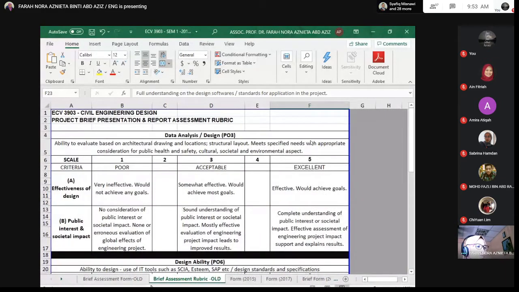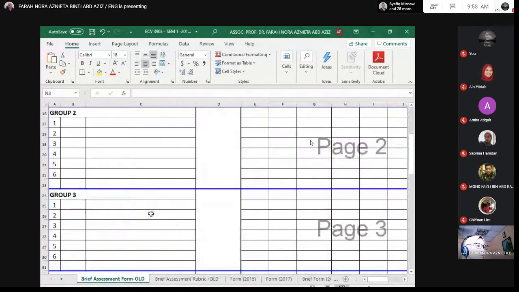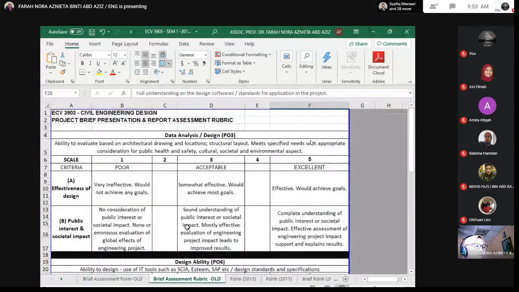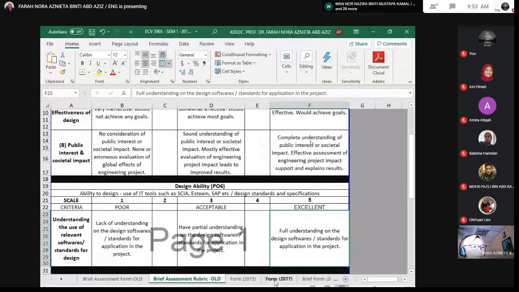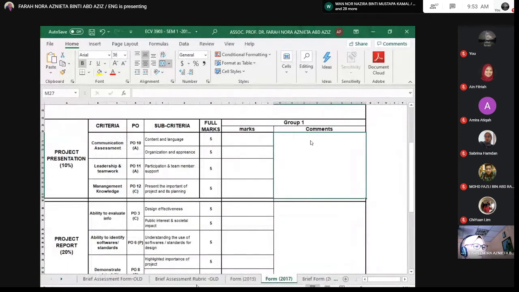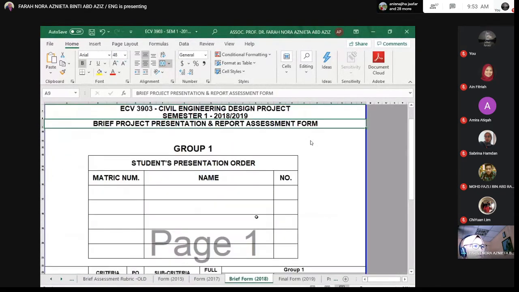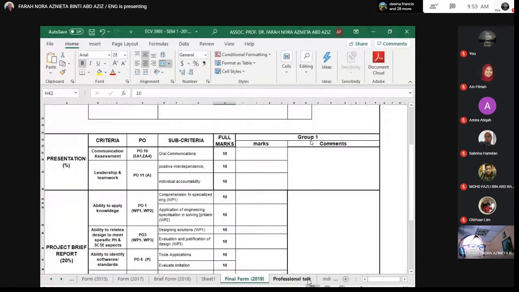PO3. Where is my PO10? Let me see. PO11 and where did I put the rubric here? Where is the rubric? What's the rubric to show you?